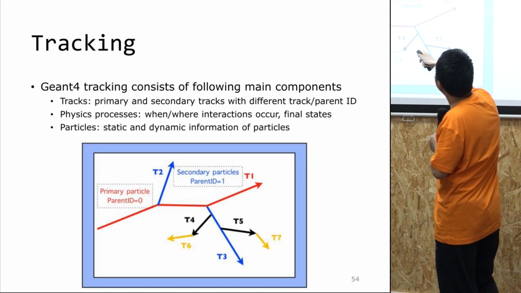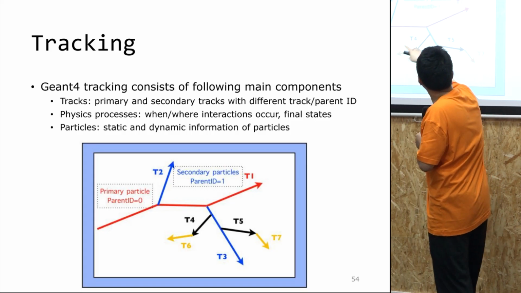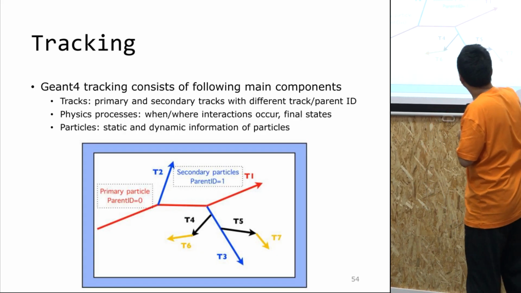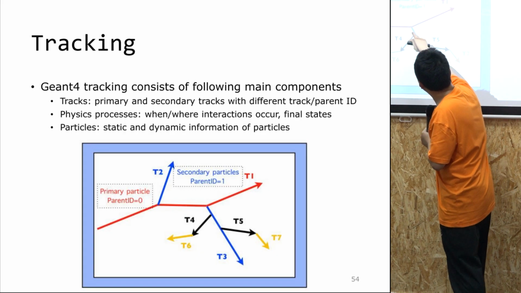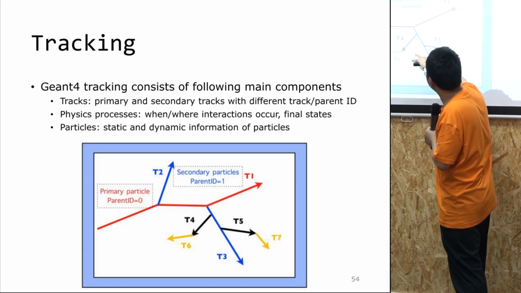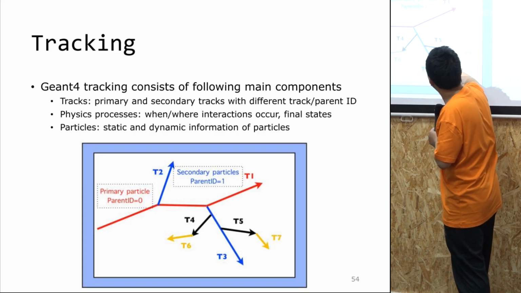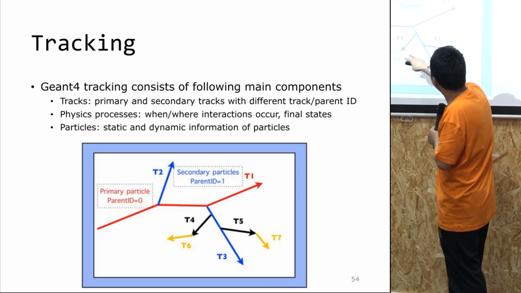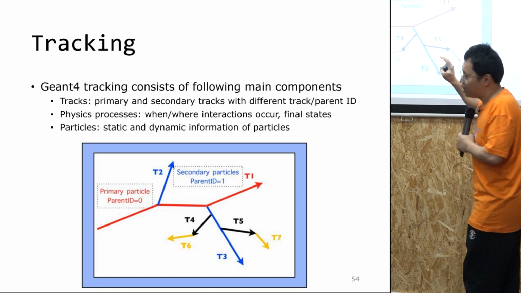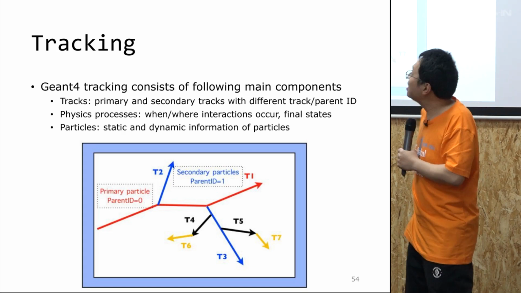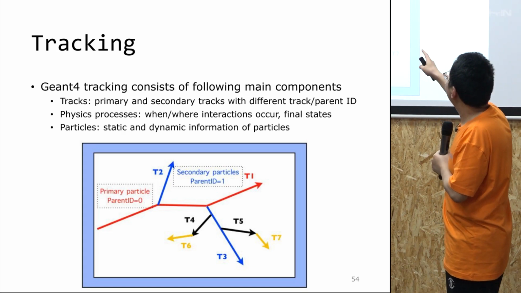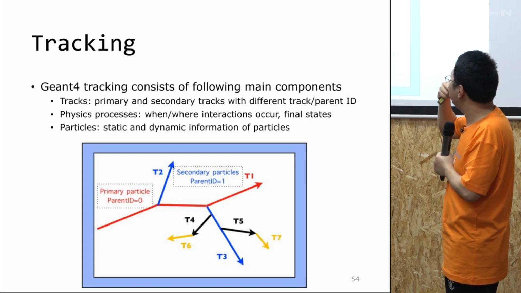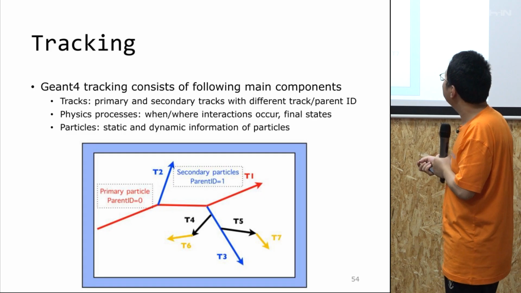You can see, for example, track 1 has created track 2 and track 3. And then track 3 can create its own secondaries, like track 4 and track 5. Then track 4 and 5 can create their own. So you need to understand how it works.